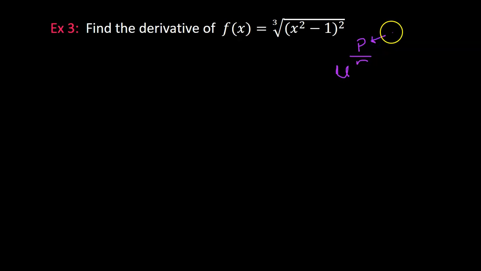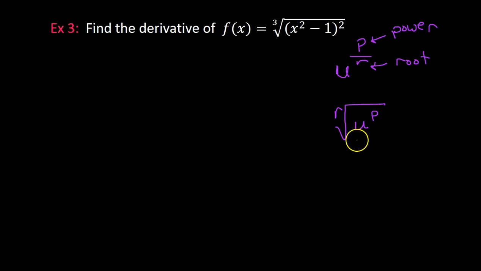That's why I'm using p and r, because p stands for power and the r stands for root. So this would be the same thing as having u under a radical, and r is the root, so that would go right here. P is the power, so that's going to go right here.